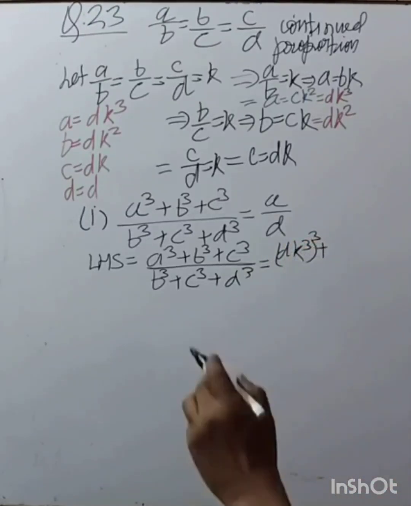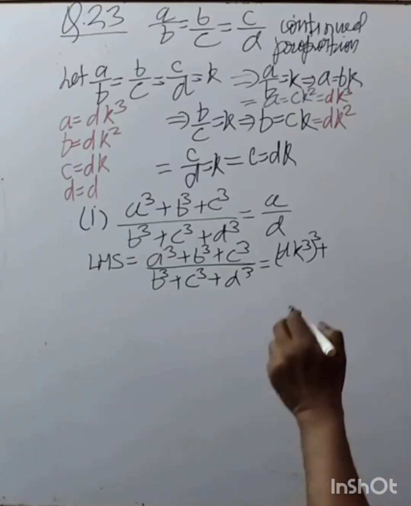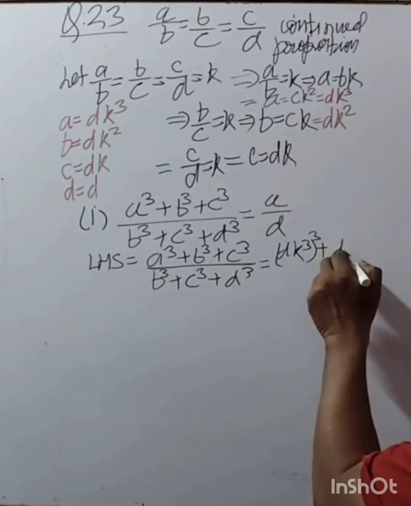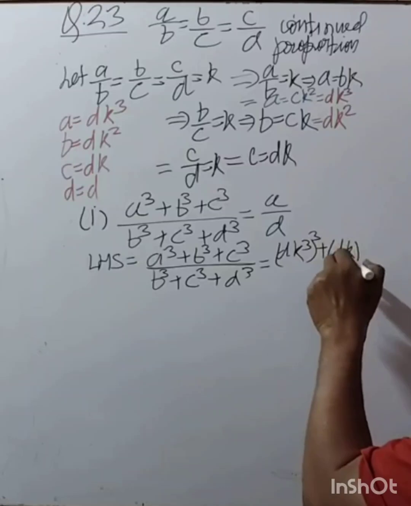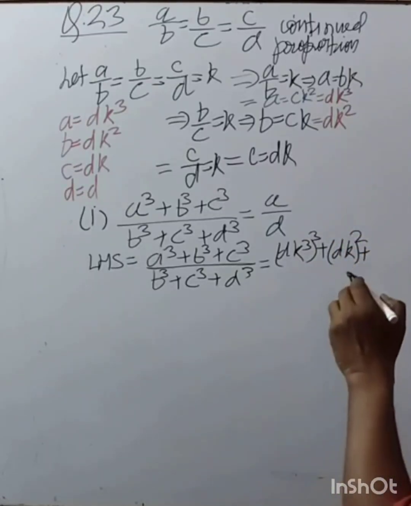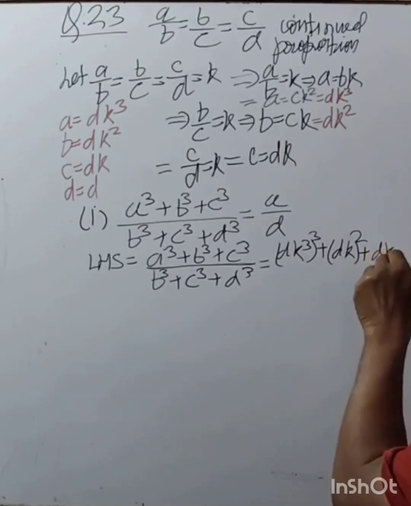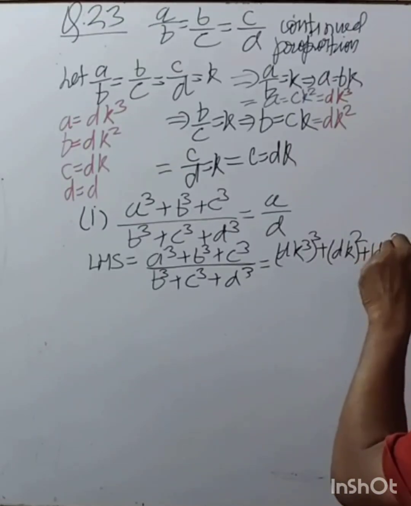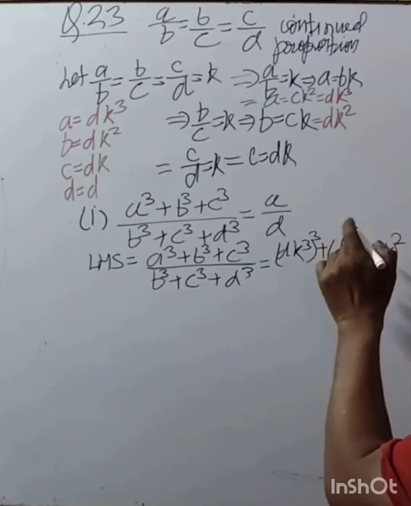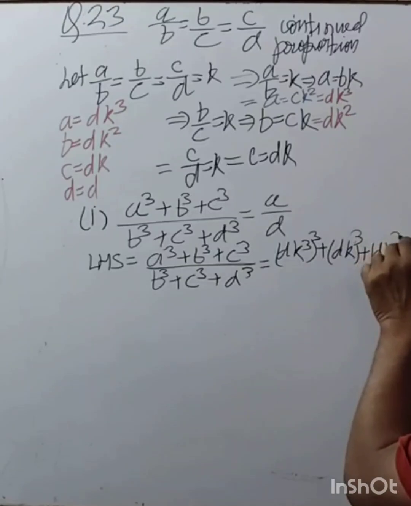What is the value of B? DK square. So B is DK square, plus C is equal to DK, DK whole cube, and it is also cube.